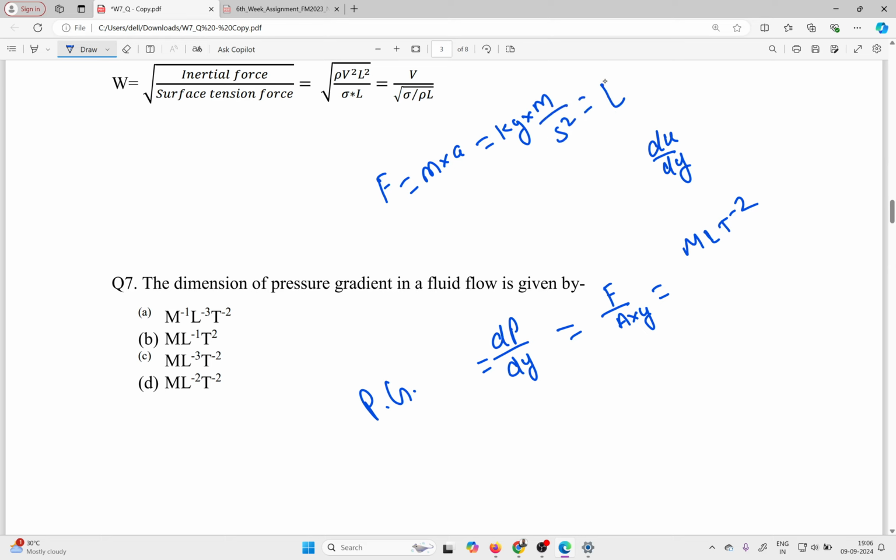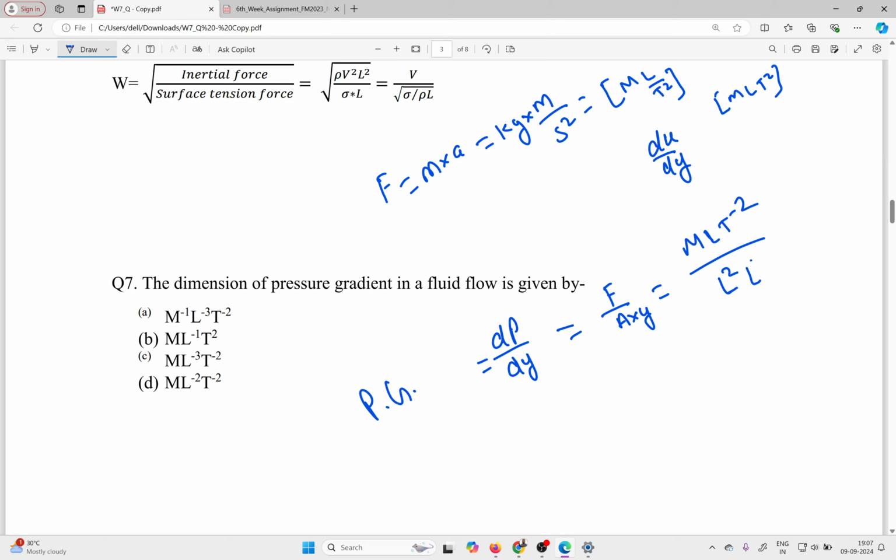When you convert into dimensions, mass is M and acceleration is L T square, so you can write force as M L T minus 2. Area is L square and y is L, so L cube.